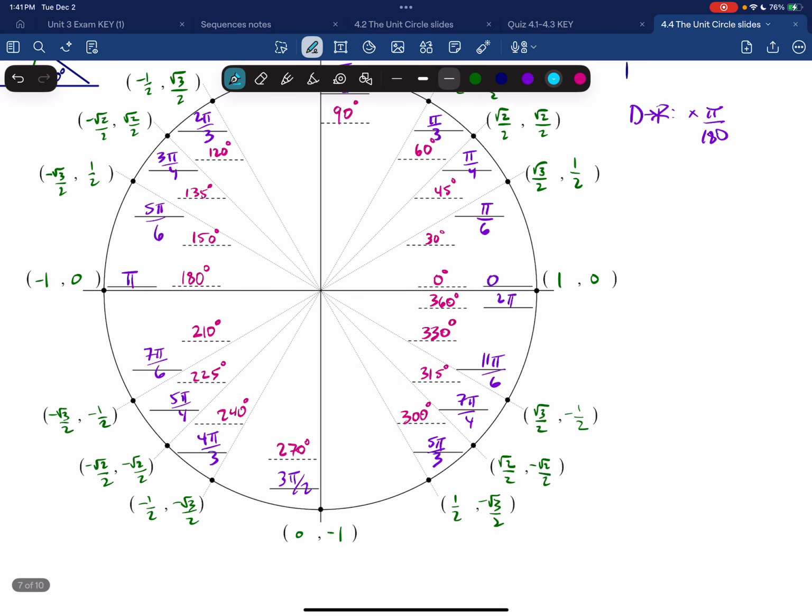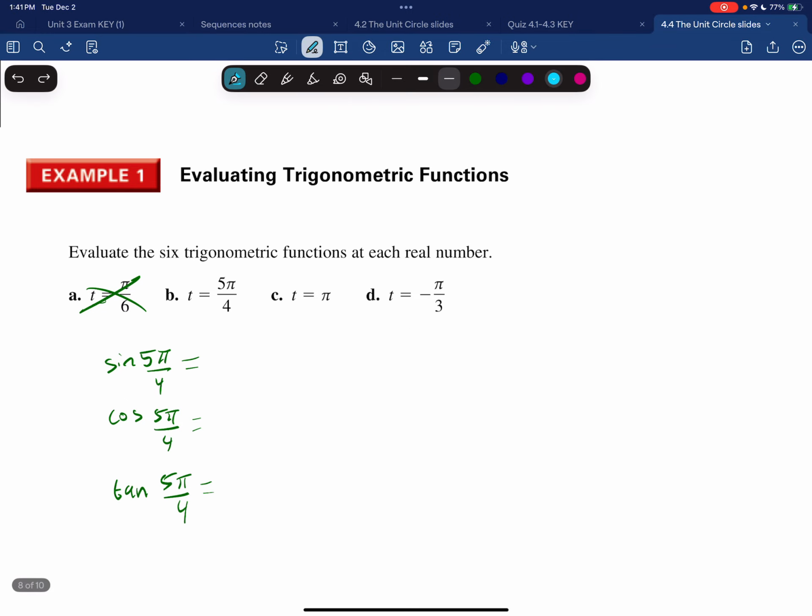We're down here. Okay? Let's note that cosine is my x coordinate and sine is my y coordinate. They're both negative root 2 over 2. So I have sine of 5 pi over 4 is negative root 2 over 2. Cosine is also negative root 2 over 2.